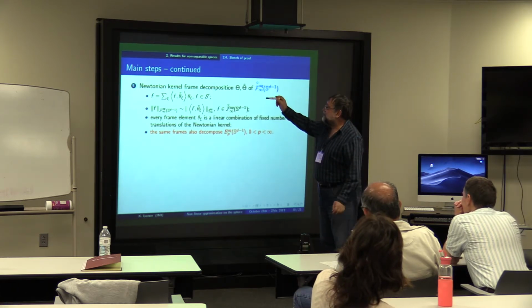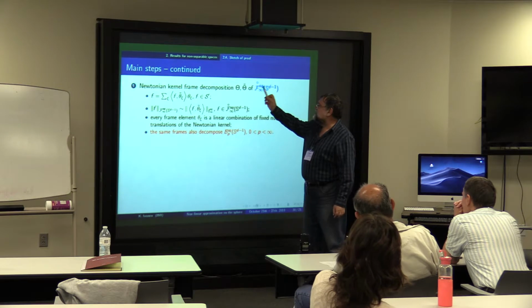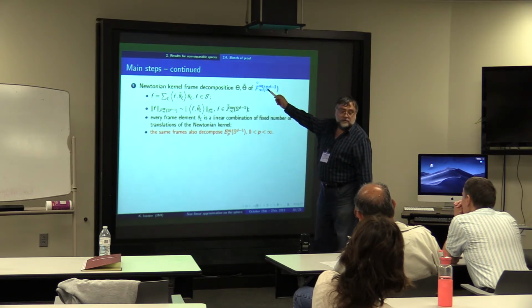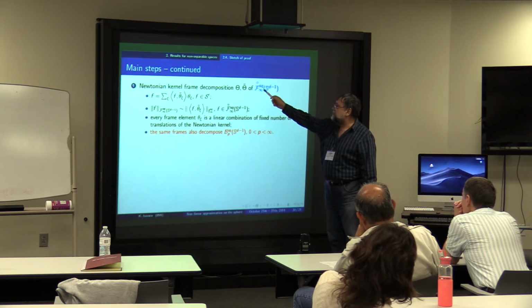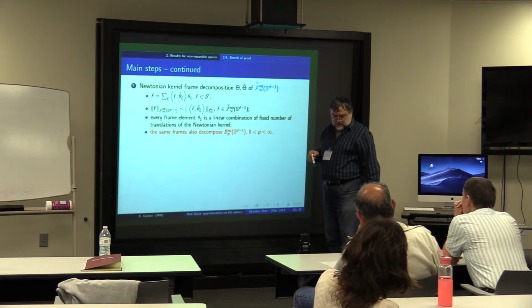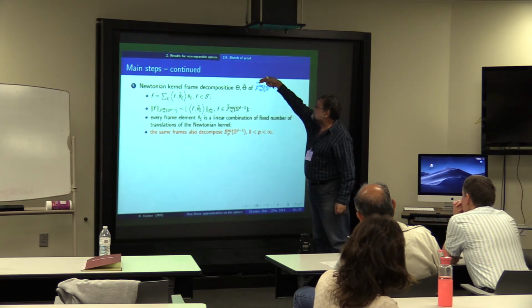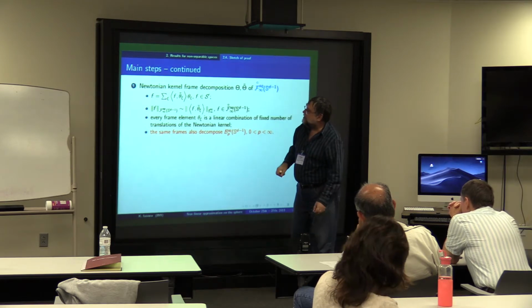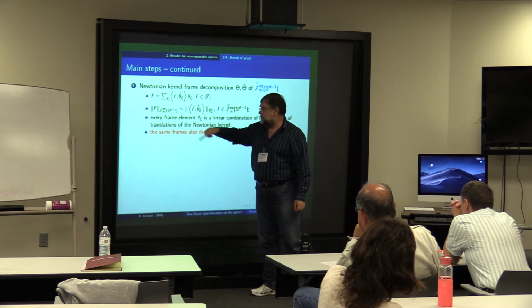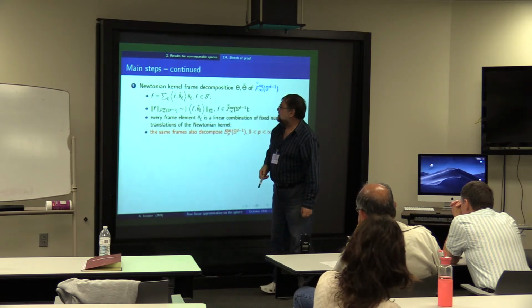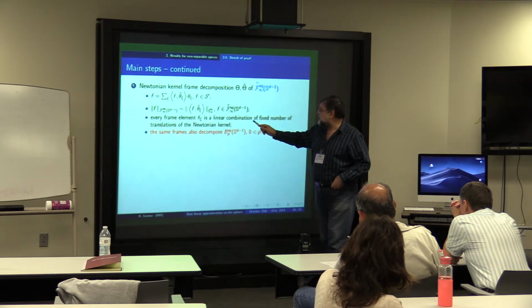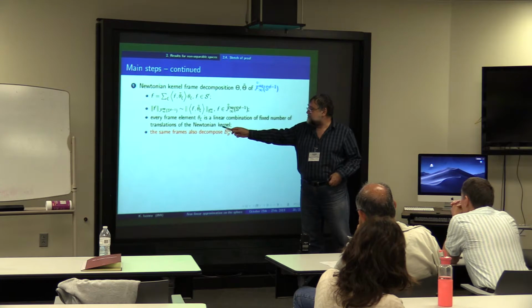Anyway, we have a similar decomposition of frame and dual frame, only for the separable Triebel-Lizorkin space, not for the whole Triebel-Lizorkin space which corresponds to BMO, with these properties here, the same as before, but the needlets are replaced here by Newtonian kernels, where every frame element is a linear combination of a fixed number of translations of the Newtonian kernel.